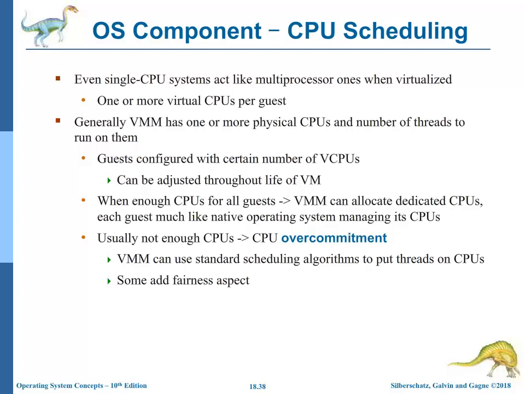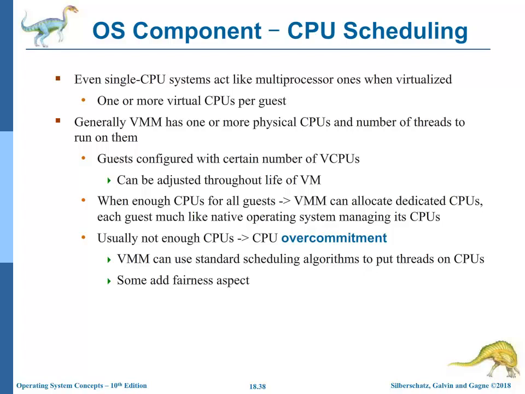Guests are configured with a certain number of virtual CPUs at creation time, and that number can be adjusted throughout the life of the virtual machine. When there are enough CPUs to allocate the requested number to each guest, the VMM can treat the CPUs as dedicated and schedule only a given guest thread on that guest's CPUs.